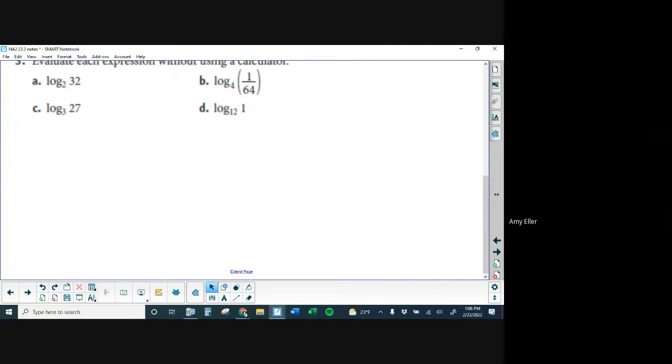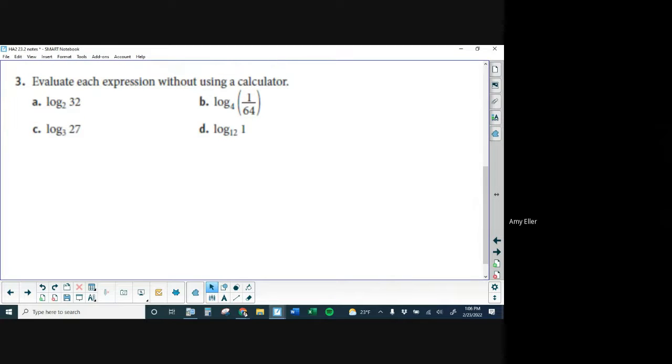It says evaluate each expression without a calculator. You might have to do some chicken scratch off to the side.